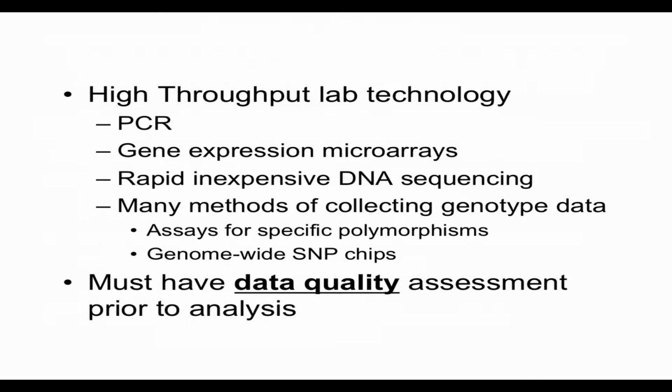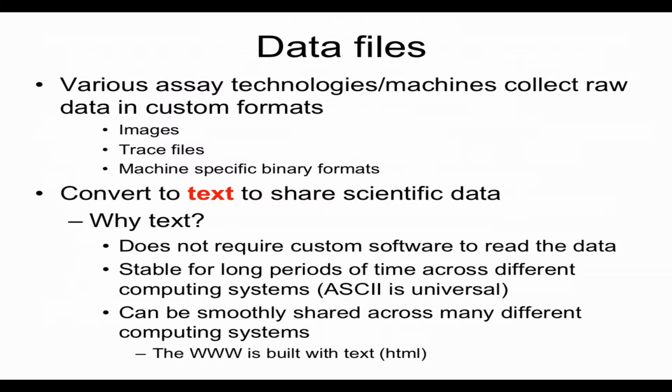That kind of goes back to what David was talking about last week, variants, etc. So there's a lot of different technology that's showing up in our labs these days, automated ways of collecting data. The raw data from those machines might be stored in a machine-specific custom format, an image, a trace file, or just some binary data format that the manufacturer of that machine finds convenient.